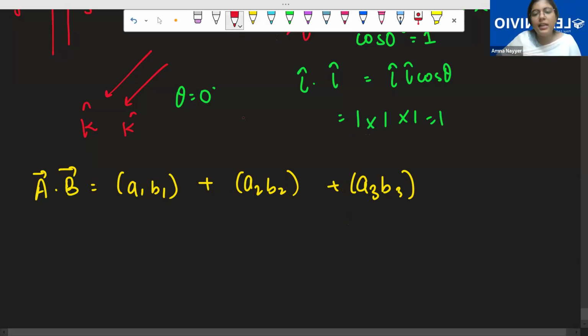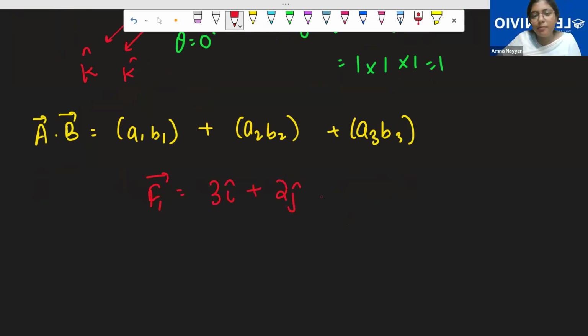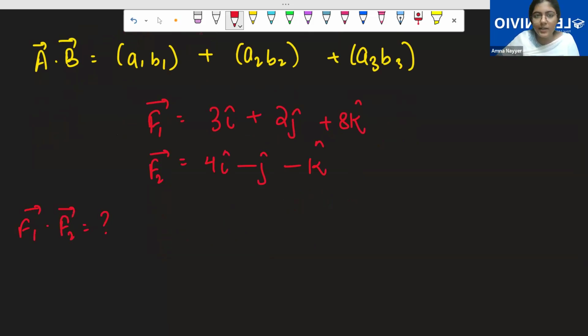For example, if I give you, let's say, a force is there 3 i cap plus 2 j cap plus 8 k cap. Second force is there 4 i cap minus j cap minus k cap. And I have to take the dot product of them. F1 dot F2 has to be calculated. This is the question.